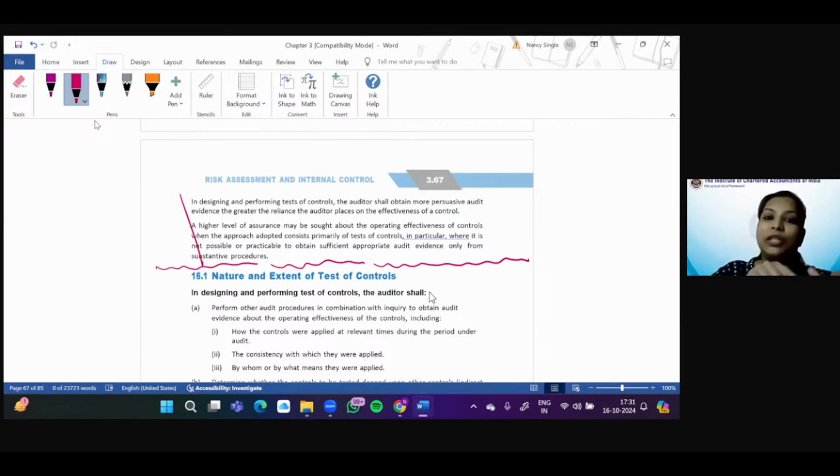So he'll be doubly sure by performing the actual testing of the internal control. And again, as we have seen, it is not practically possible to check all the internal control in 1 year. So maybe in a way that all the internal control that are relevant to the audit are covered, let's say, within a period of 3 years.